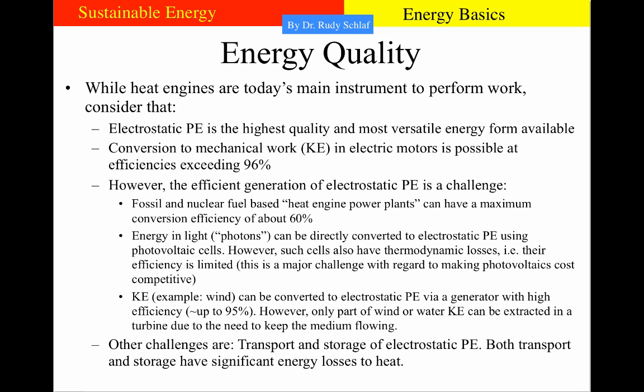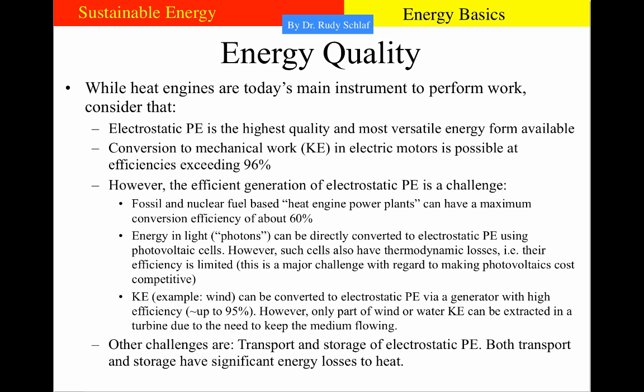Other challenges with electrostatic potential energy are transport and storage. When it comes to transport, the high voltage lines that we're currently using have easily a loss of 10% or so until the energy reaches the end user. When it comes to storage, there isn't really much on a large grid level scale.